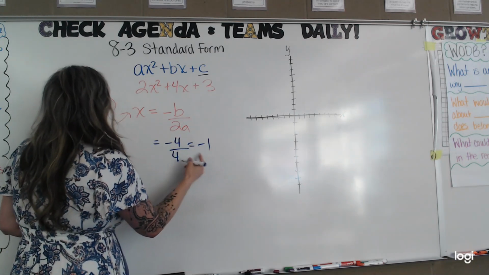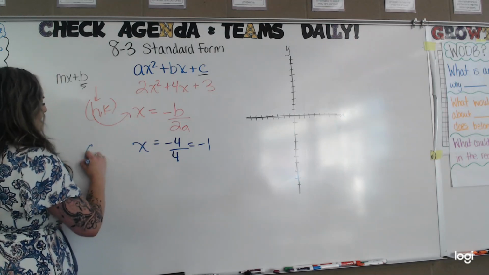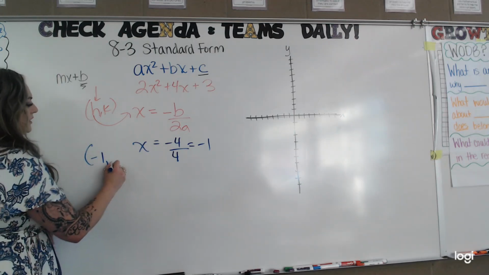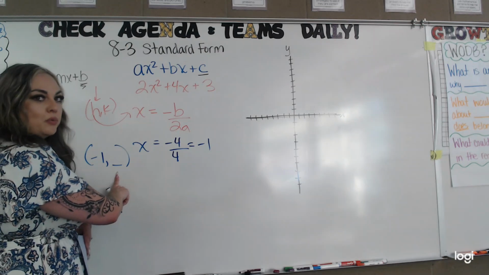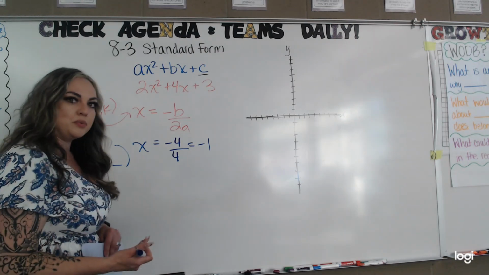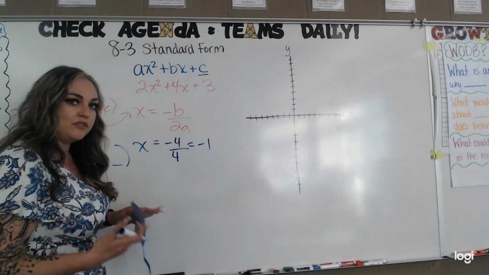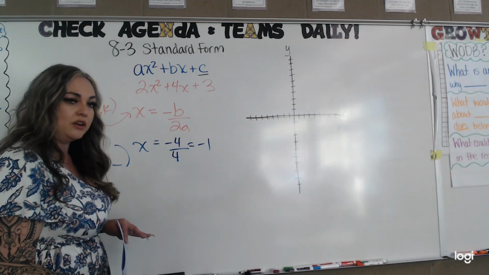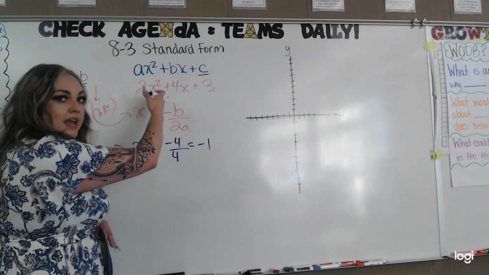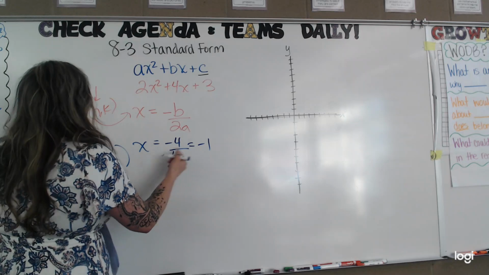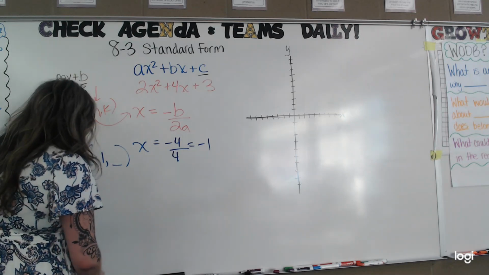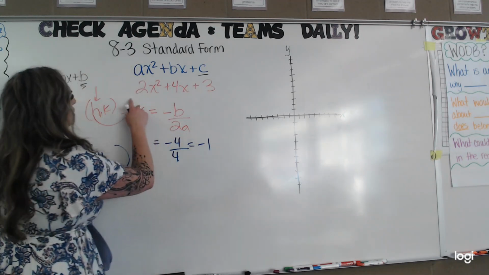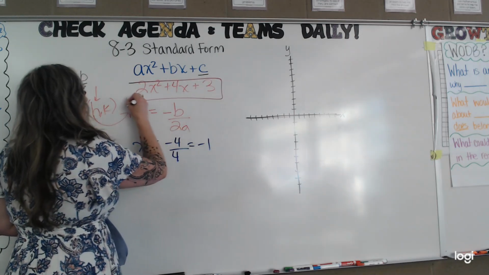So what do we get for the x value in the vertex? We get negative 1. Now we need to find the y value. We know that once we have a value for one of the variables in a point in an ordered pair, we just substitute it in and solve for the other one. So we're going to use this negative 1, and we're going to plug it in to our function here.